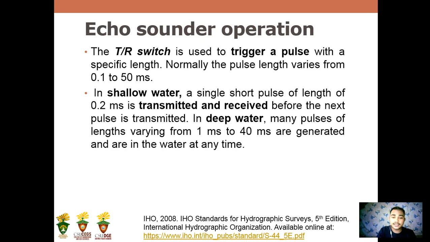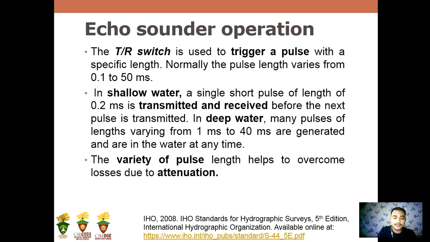So in shallow water, a single short pulse of a length of 0.2 milliseconds is transmitted and received before the next pulse is being transmitted. Of course, shallow man ang water, so gamay lang ang iyang length of pulse. And in deep water, many pulses of lengths varying from 1 millisecond to 40 milliseconds are generated and are in the water at any time. So paspas, paspas paglawom.